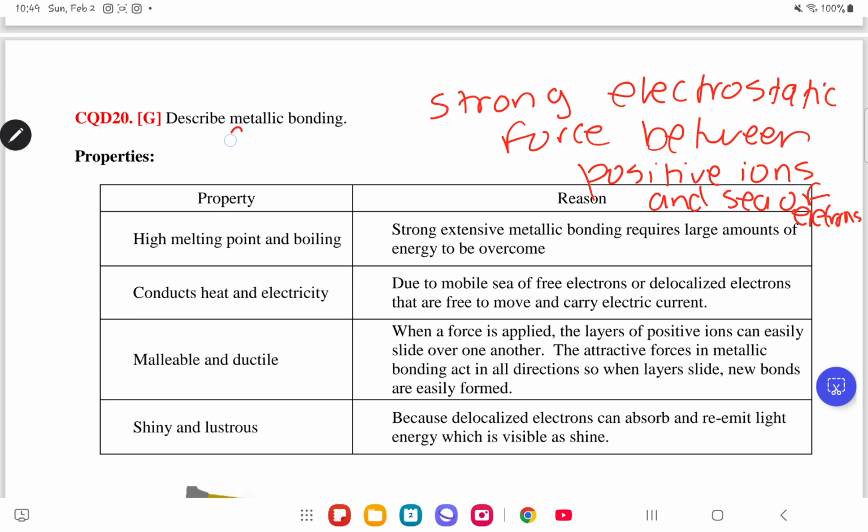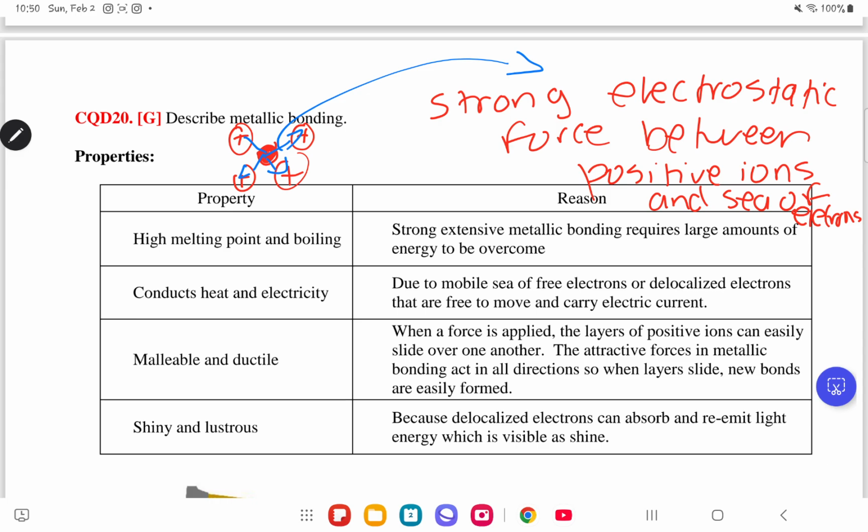Okay, so very simply, here are the positive ions, and this over here is the sea of electrons. So you have negative, and you're going to put positive, positive, positive, positive. The electrons, of course, cause a force of attraction. This force of attraction is an electrostatic force.